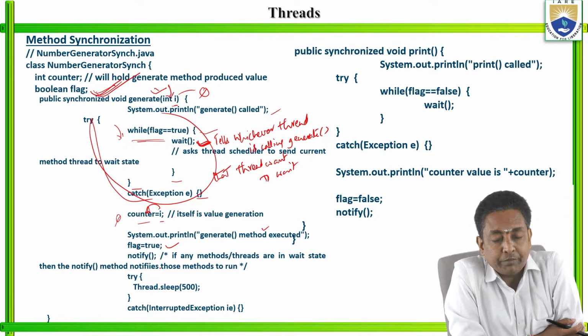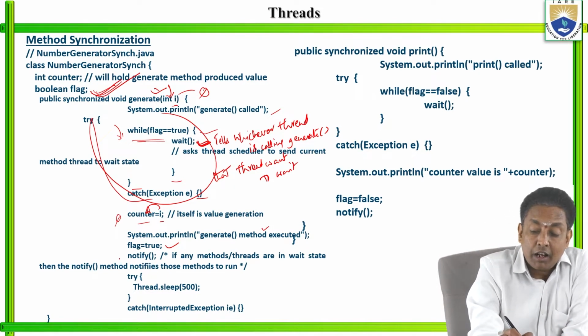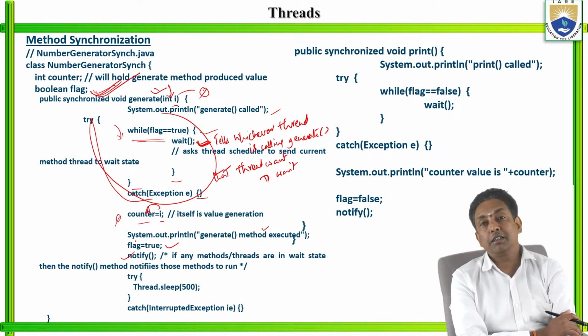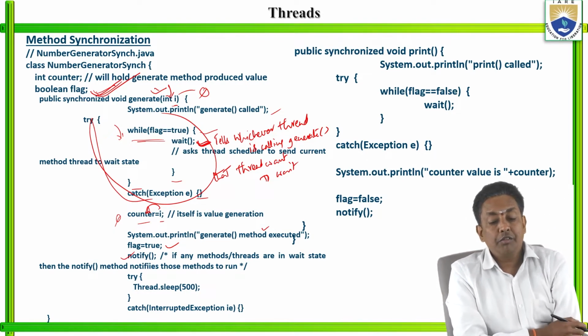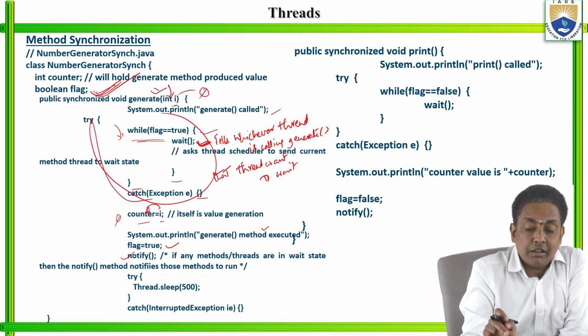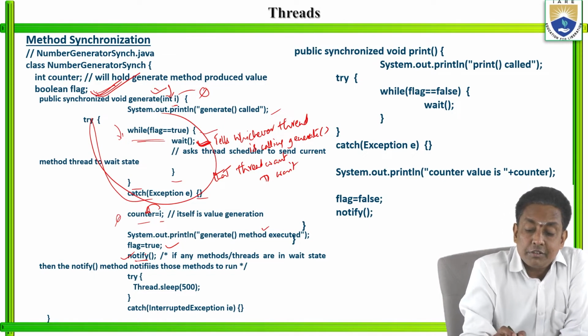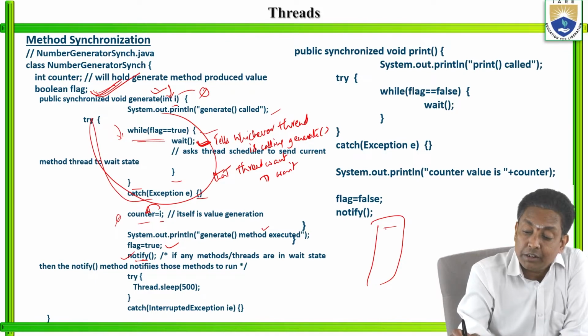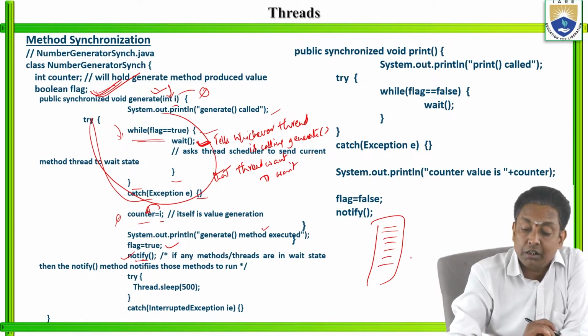After that, we are calling the notify method here. This notify method is an intimation to the thread scheduler.